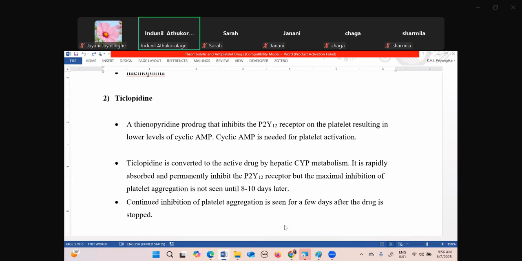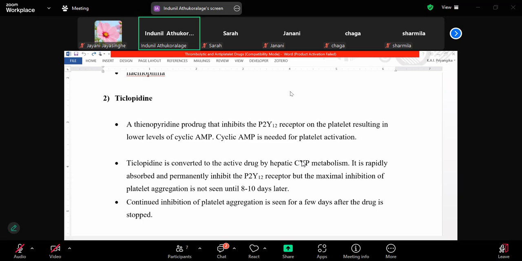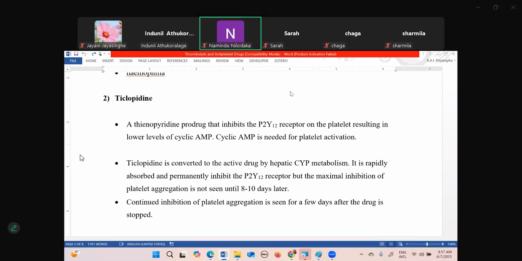Can someone explain to me what happens with ticlopidine? Ticlopidine is a prodrug. So, what is a prodrug? Can someone tell me what is a prodrug? The drug is in an inactive form. When it goes through the liver for the first time, it gets converted into its active form. Okay. The answer is almost correct, but there are a few words missing.